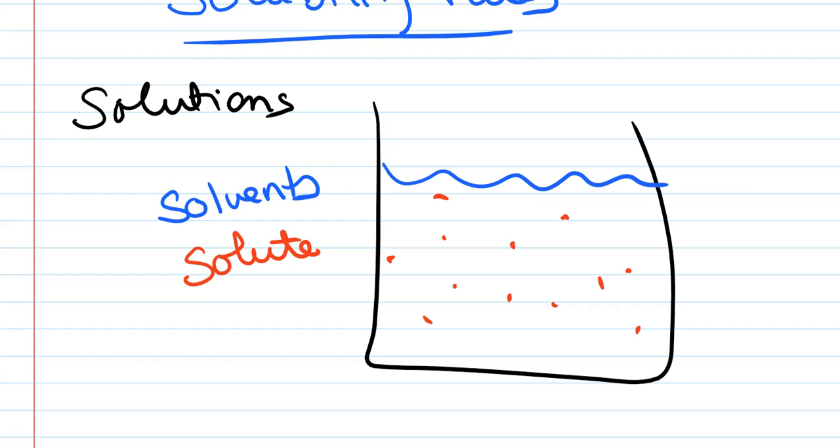So what's the difference between a solute and a solvent? Katie: Solutes are dissolved by the solvent. Good. So solute is what you put into the solution, generally a solid that goes in. Solvent is the liquid that does the dissolving.